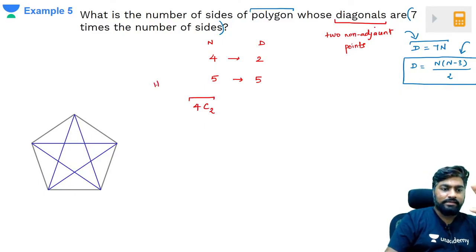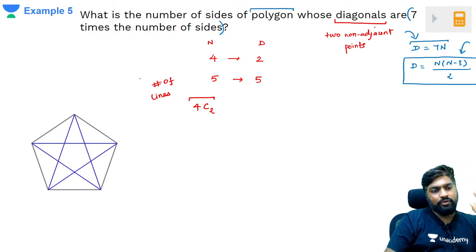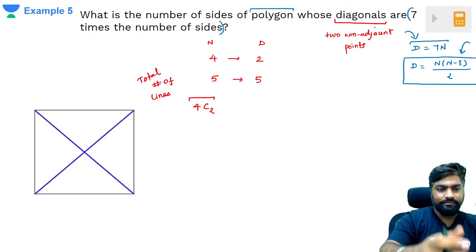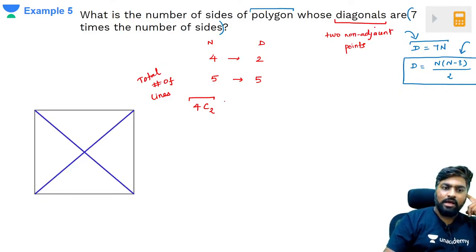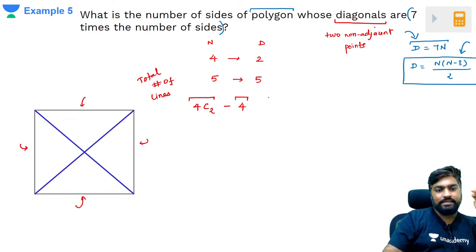Total number of lines, whether they are sides, whether they are diagonals, adjacent, non-adjacent, look after that later. What would be the total number of lines for a quadrilateral? 4C2, correct? Out of this, I don't want the 4 sides. Which sides? This, this, this and this. I'm removing 4 lines, which is the number of sides, n.